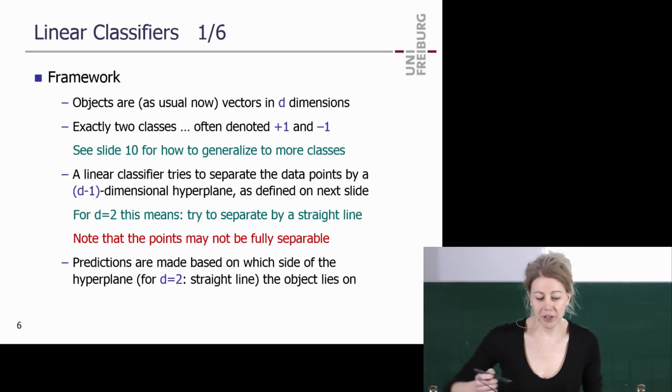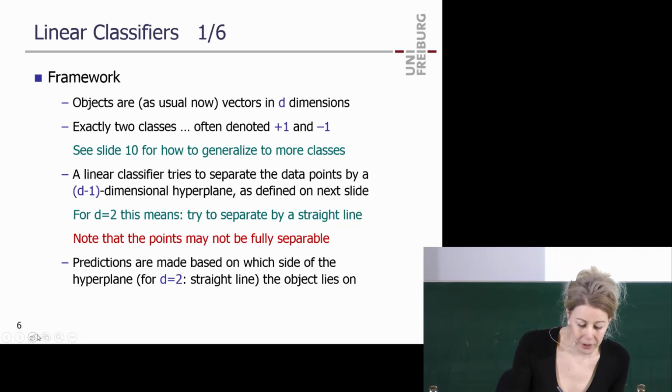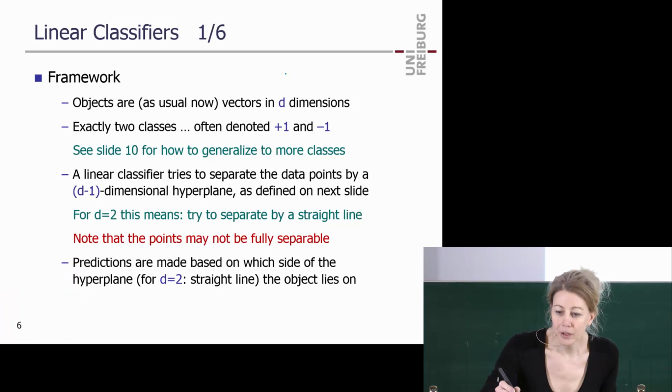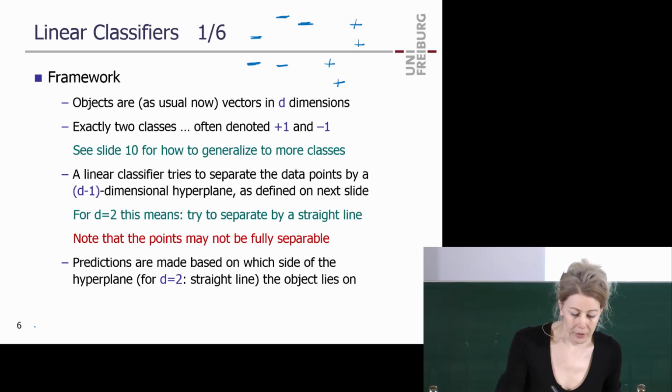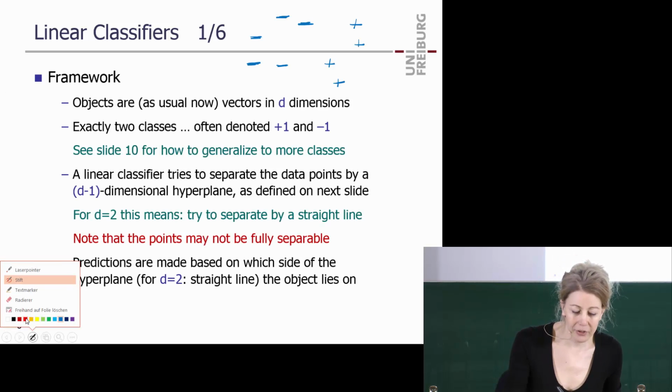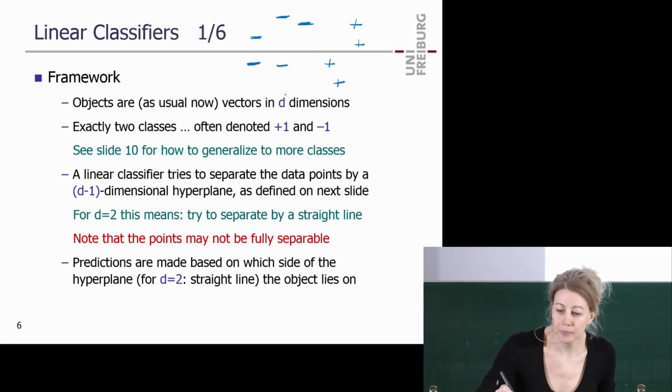So let me just draw a picture here. So maybe I have all the pluses here. I just write plus in 2D, and I have all the minuses here. And now I have to find a linear separator, so that's an example in 2D.